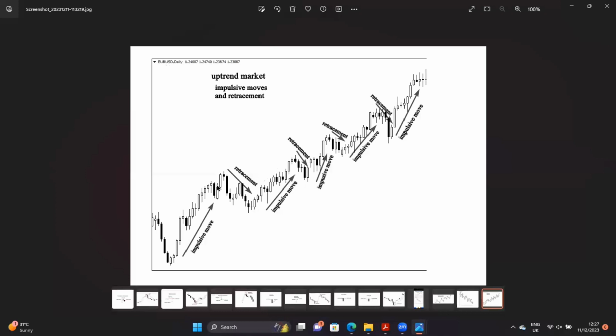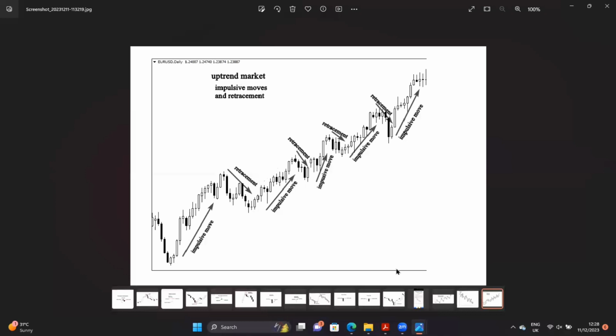The best place to buy is at the beginning of an implosive movement, or at the end of a retracement movement. Who buys an uptrend market at the beginning of a retracement move? Novices. They get caught by professional traders and don't understand why the market hit their stop loss or struck them out of profit.